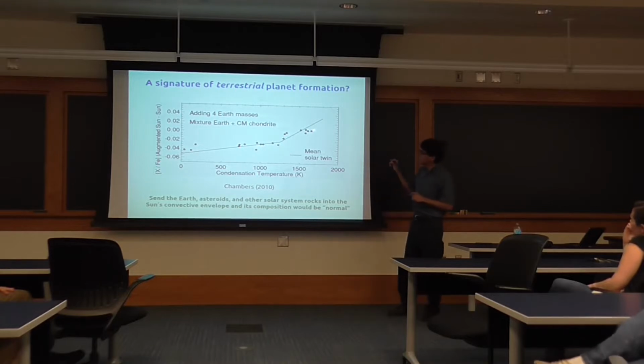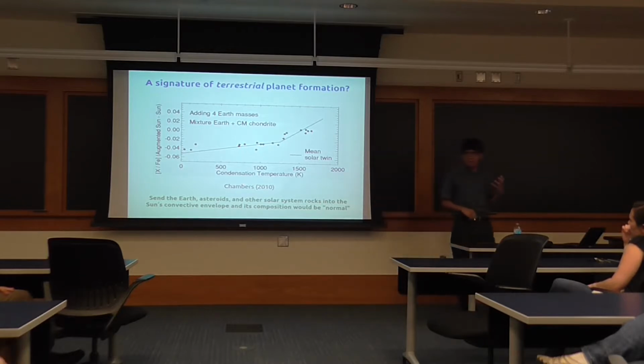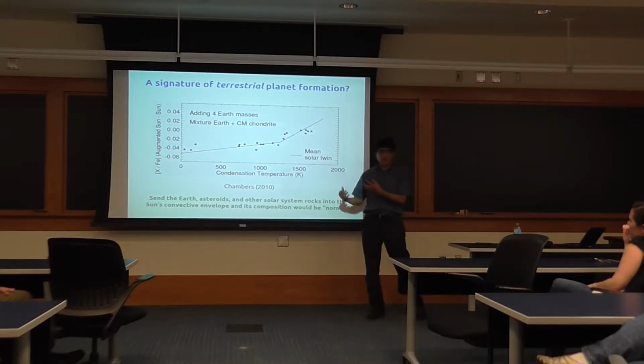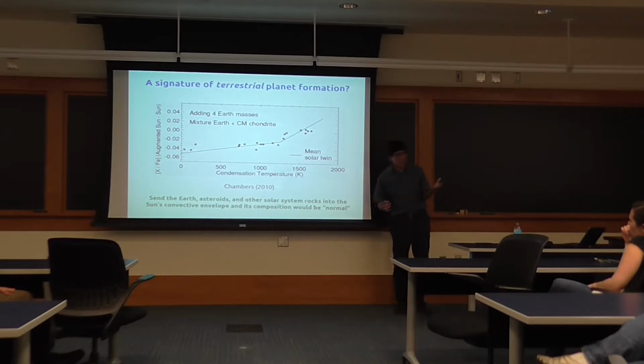The solid line is the fit to our data, and the dots are what Chambers calculated would happen to the sun if you take Earth, Mars, the other terrestrial planets, take all the asteroids and send them into the solar convective envelope. Mix it up, what would happen to the composition of the sun? That's what you end up with, these black dots, so the augmented sun.